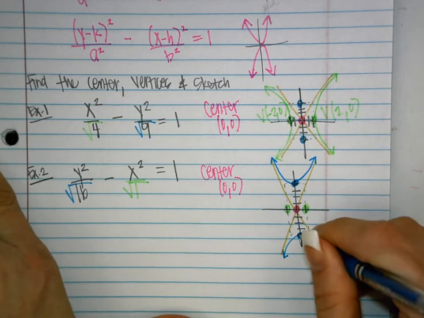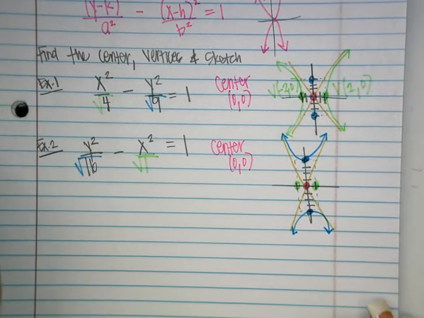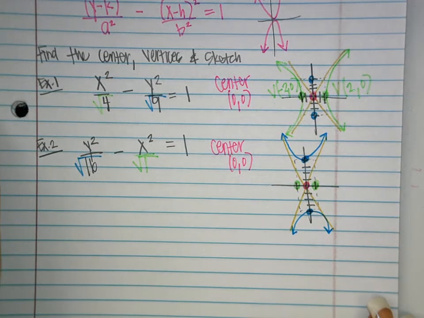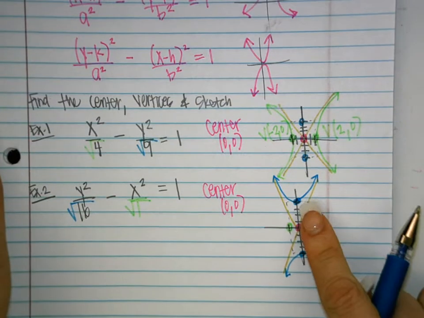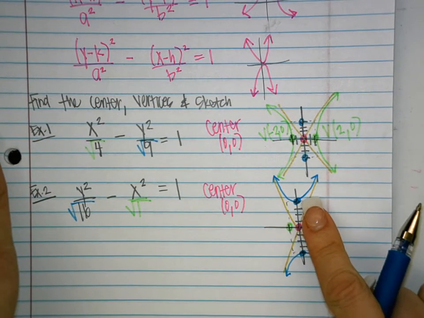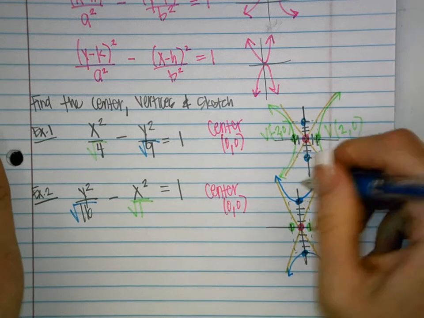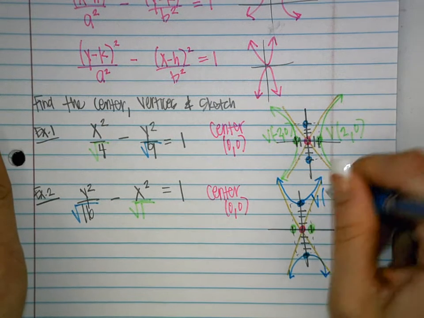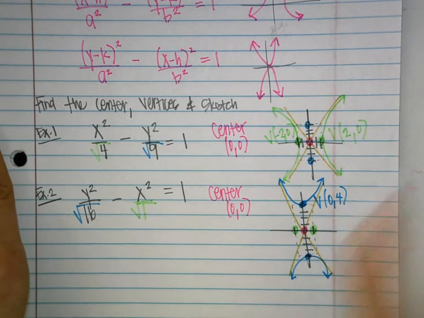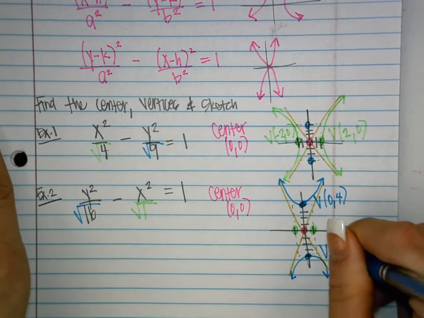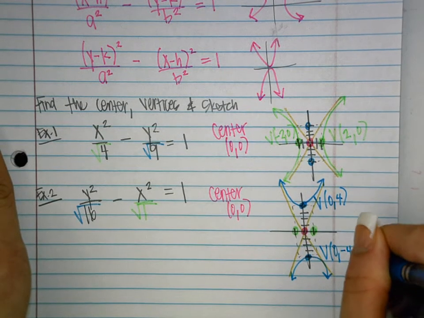You also have to label your vertices. So what point is that right there? Over 0, up what? 4. Over 0, up 4. And over 0, down, negative 4. That's your answer.